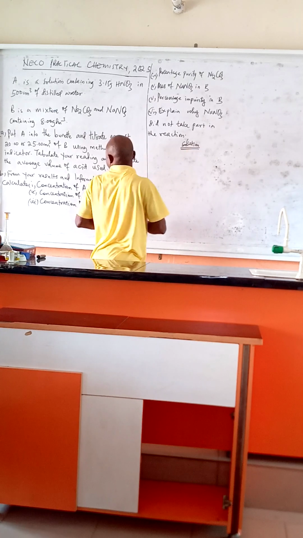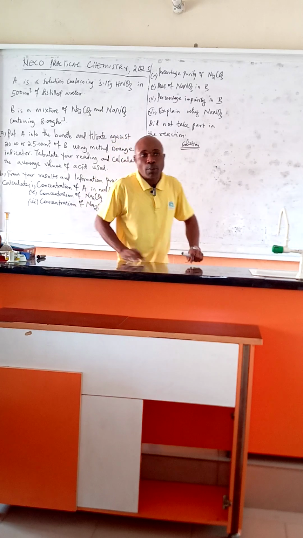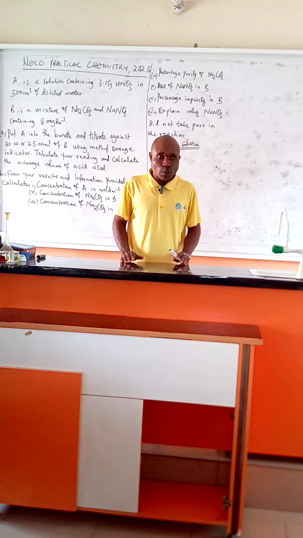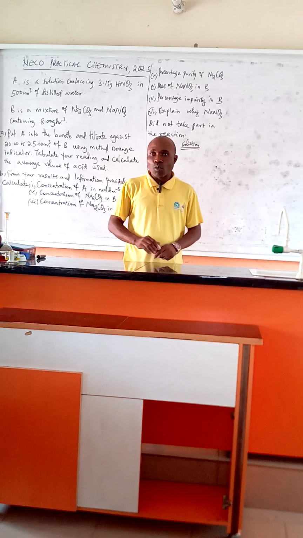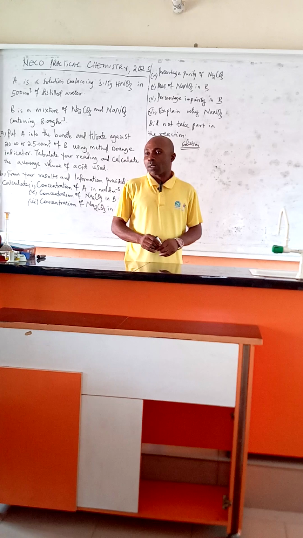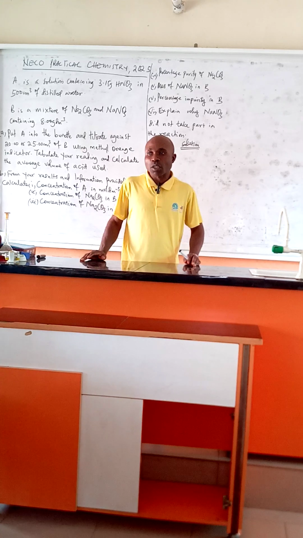Now to prepare a table of your reading, you go with the endpoints that your chemistry instructor would give to you. No school will have the same endpoint, but it must be within the range of the theoretical endpoints.